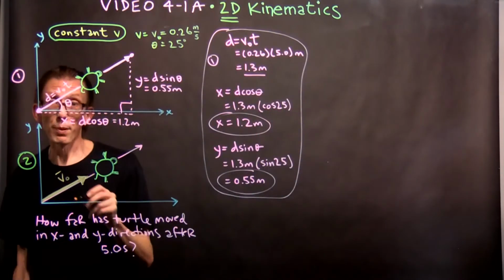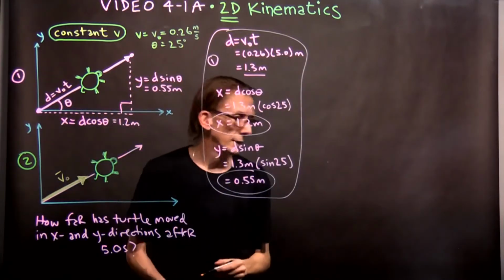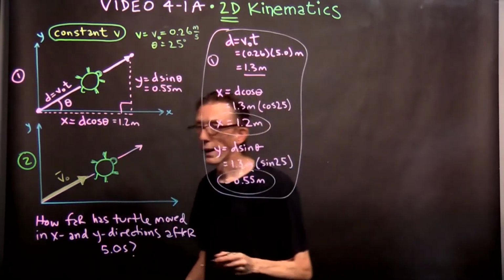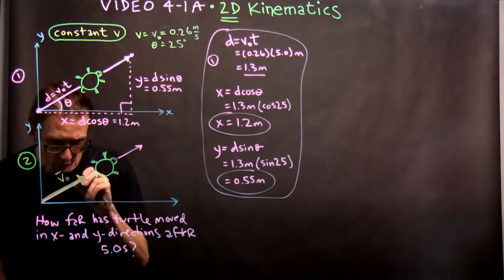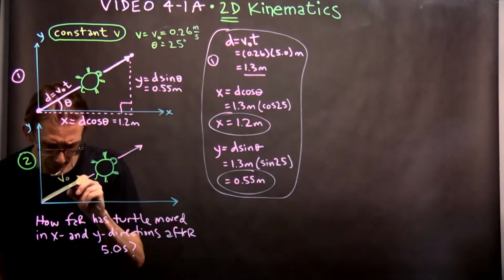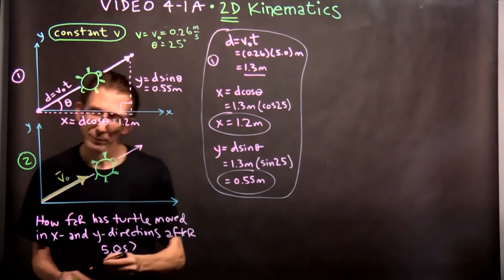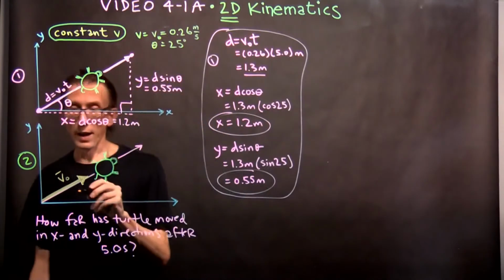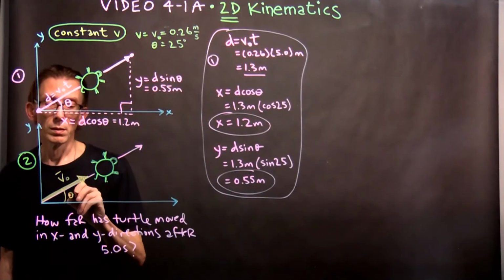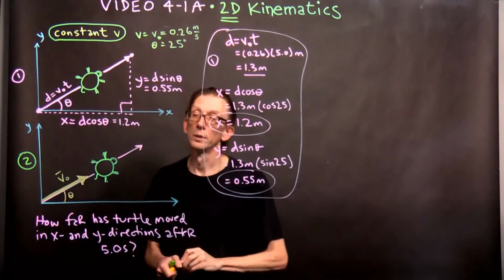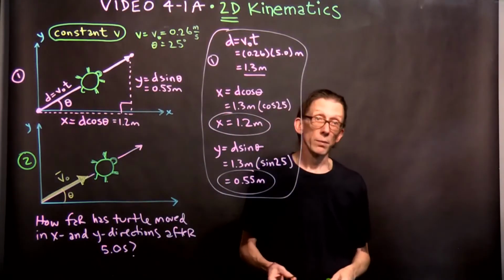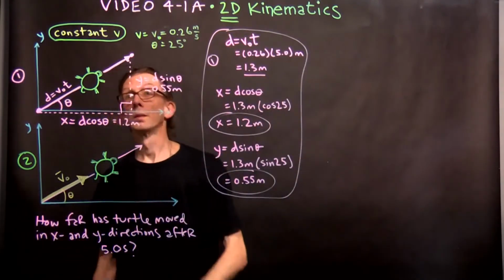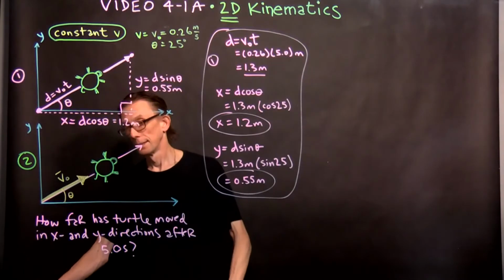It is also at an angle of 25 degrees, because he's moving along that line. And we know that it has a magnitude of 0.6 meters per second.